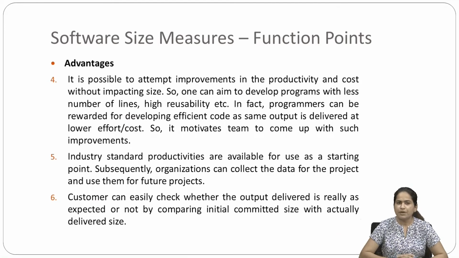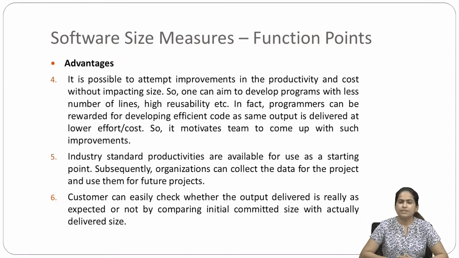Industry standard productivities are available for use as a starting point. Subsequently, organizations can collect the data for the project and use them for future projects. If you want to start somewhere, you have industry standard productivities available which you can use for starting your software's estimation.